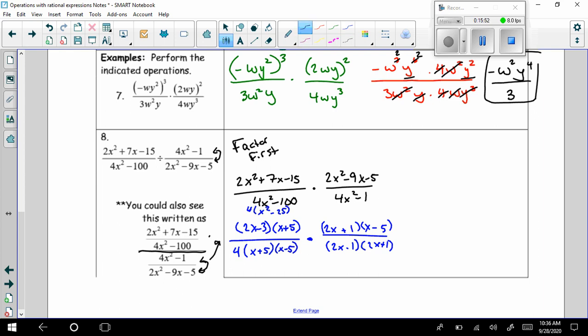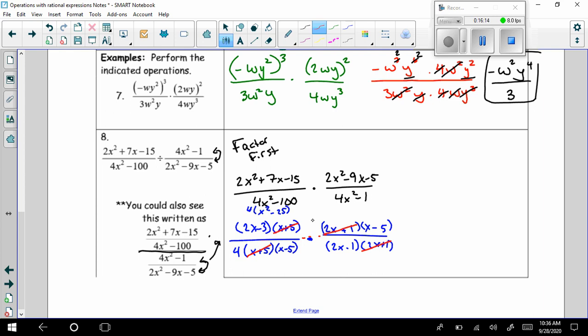Now, in these types of problems, I won't ask you to list your restrictions. That's just one more thing in already a long process. What you are going to do now, though, is look at the top and look at the bottom and cancel any factor that is the same. So I have an x plus 5 that cancels my x plus 5. I have a 2x plus 1 and a 2x plus 1.